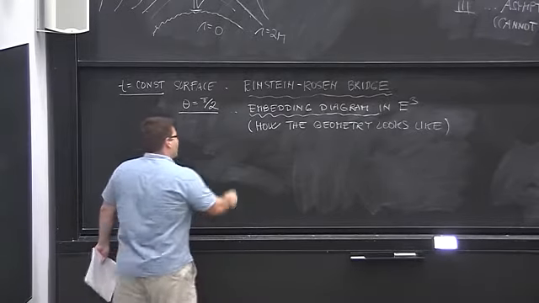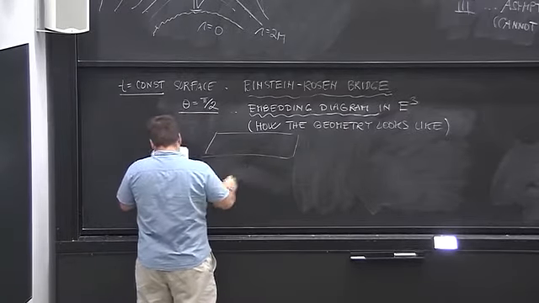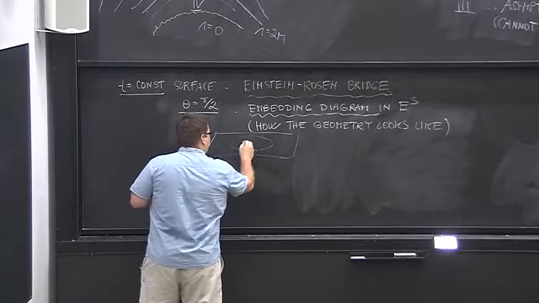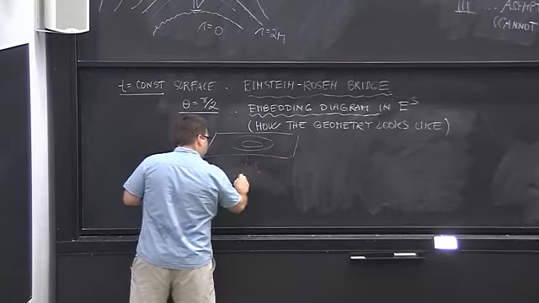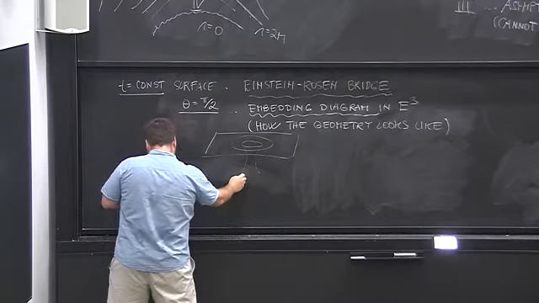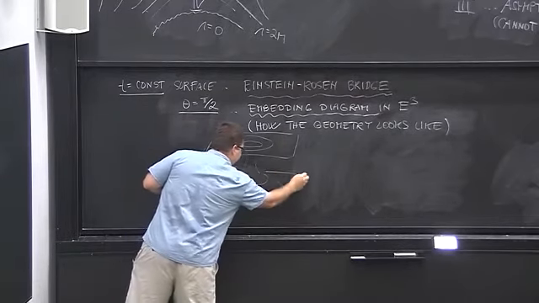And so what happens is that you have one asymptotically flat region. And then you have sort of a starting throat here. And so this throat goes like this, and this goes to another asymptotically flat region. Okay.